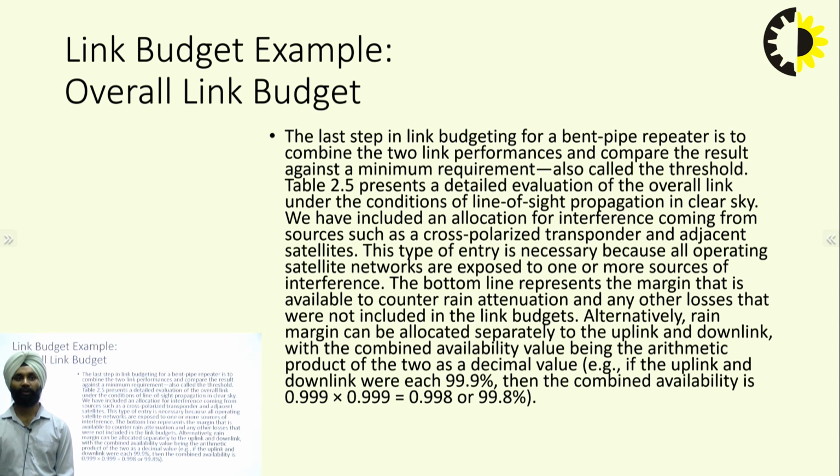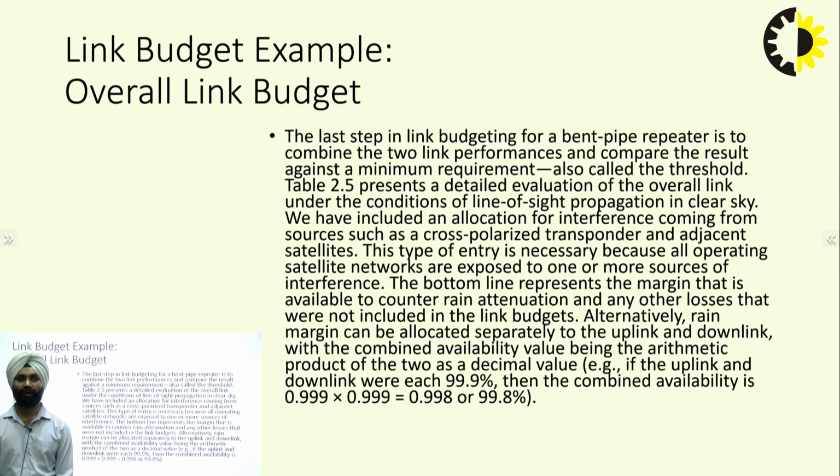These minimum requirements are called the threshold. Typical values of all these thresholds are presented in table 2.5, which presents the detailed evaluation of the overall link under the condition of line of sight propagation in clear sky.